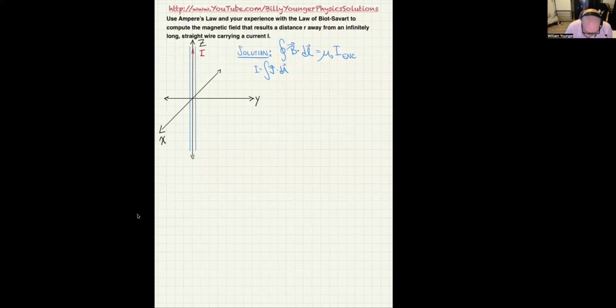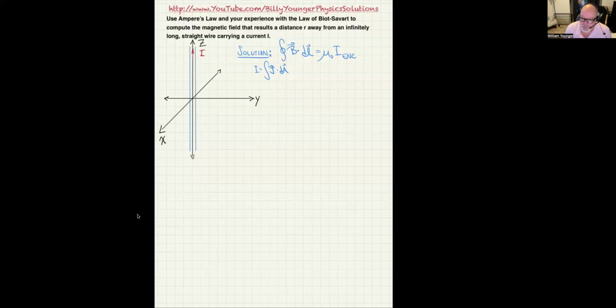So first off, I've got to remember the law of Biot-Savart, which said that B equals mu 0 I over 4 pi times dl cross (rp minus r dl) over the magnitude of (rp minus r dl) cubed.